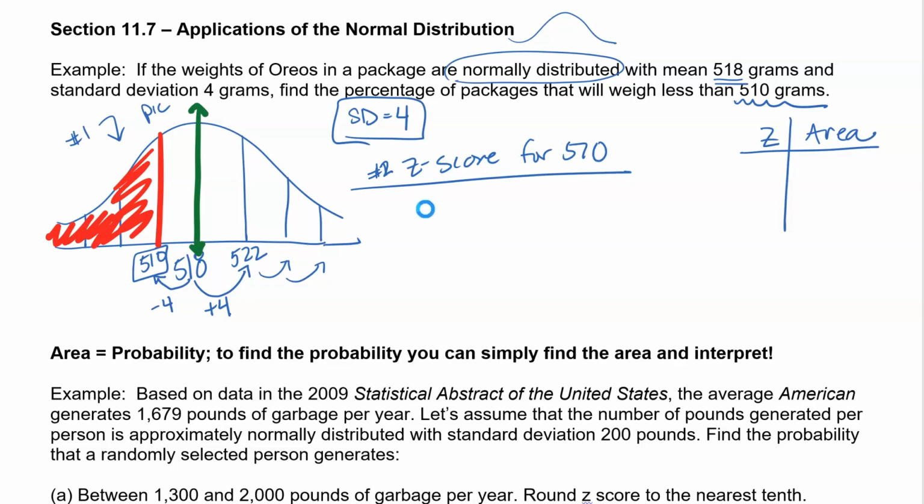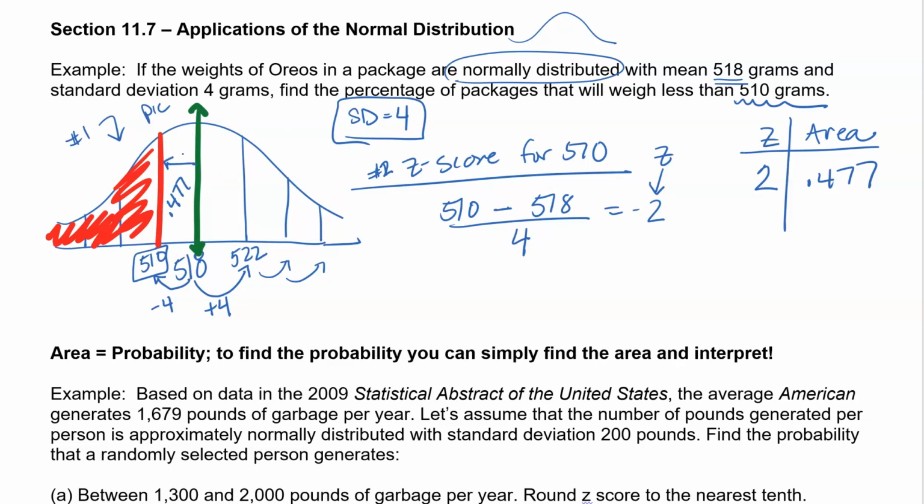So I'm going to use the formula data value 510 minus the mean 518 divided by the standard deviation, which is 4, and I get a z-score of -2. So I'm going to look up 2 on the table, and that gives me an area of 0.477. So that means that this area starting at the middle going to that z-score is 0.477.